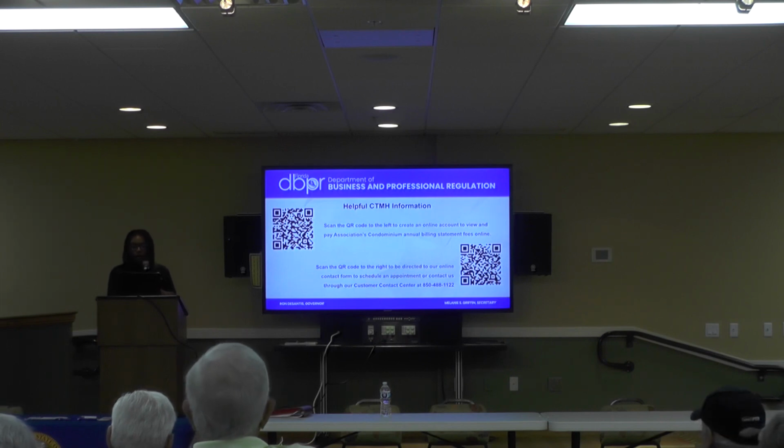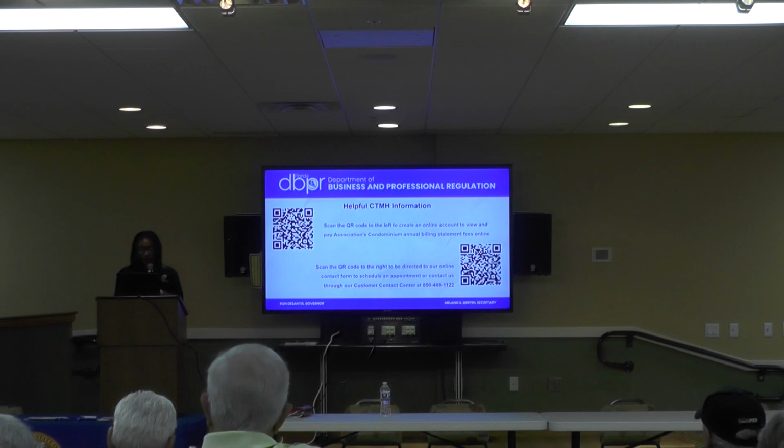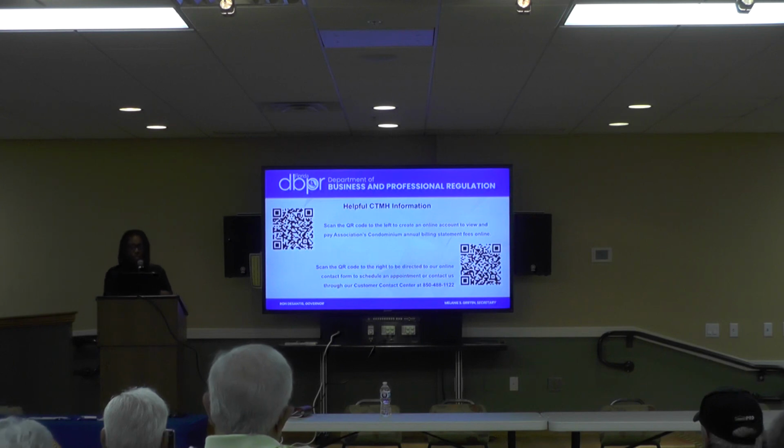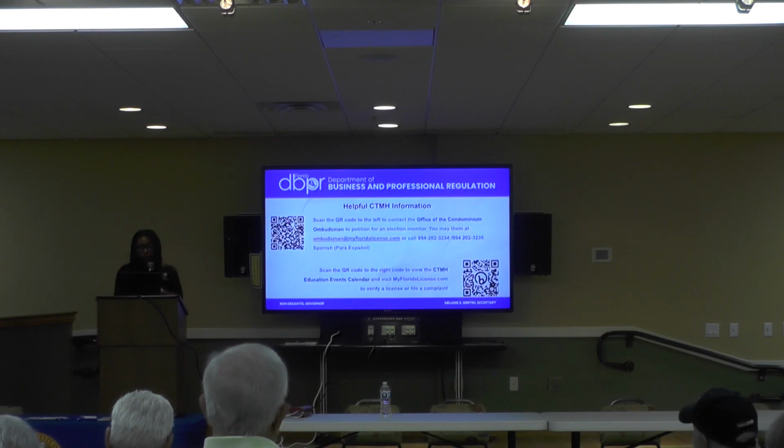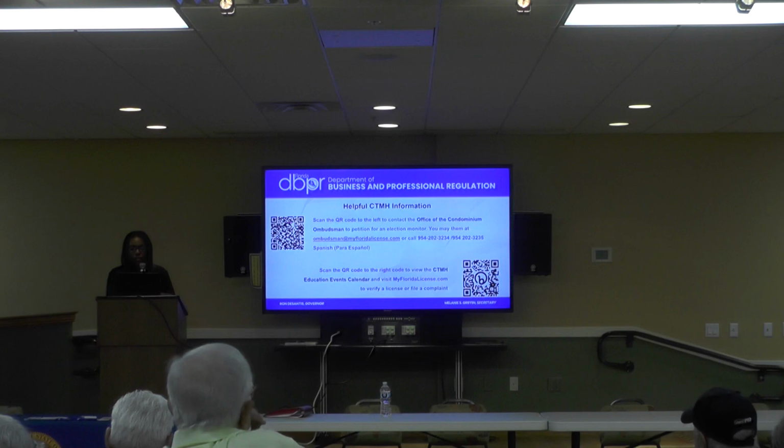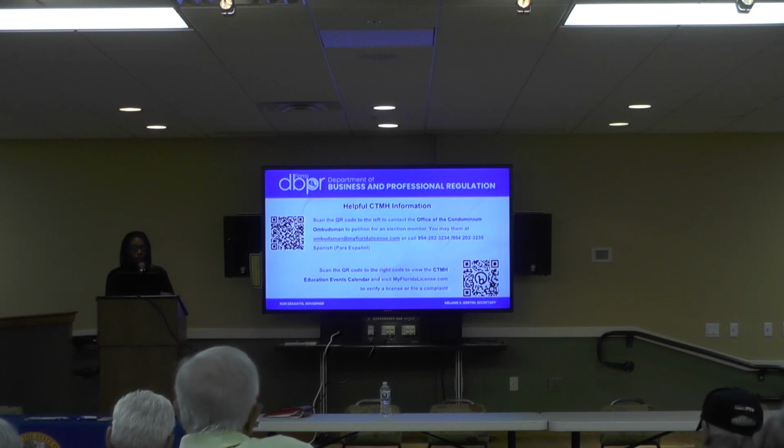Our online contact form can also be found at www.myfloridalicense.com/contact-us/. You can also create an appointment to meet with the Ombudsman's office in Fort Lauderdale. Scan the QR code to contact the Office of the Condominium Ombudsman for information on how to petition for an election monitor.